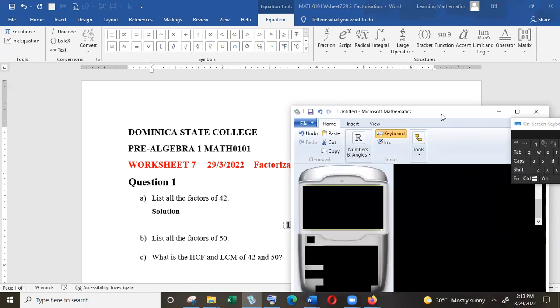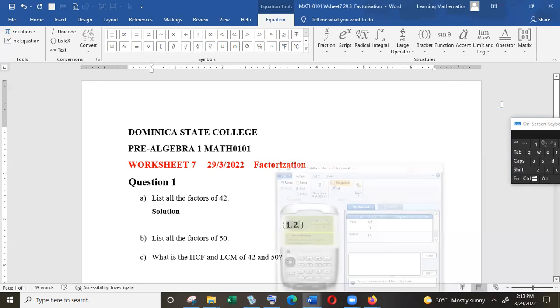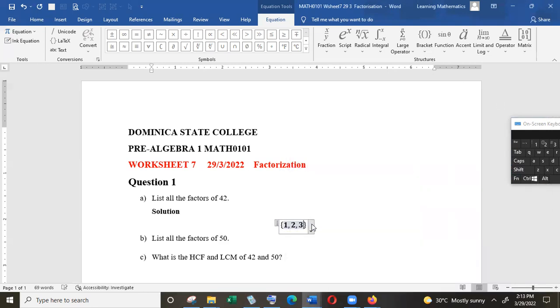Okay, I think yes. 42 divided by 3 will give us 14. All right, so 3 is a factor of 42. 4 is not a factor of 42, because 4 goes into 40, and you're still missing 2 more to make 44.